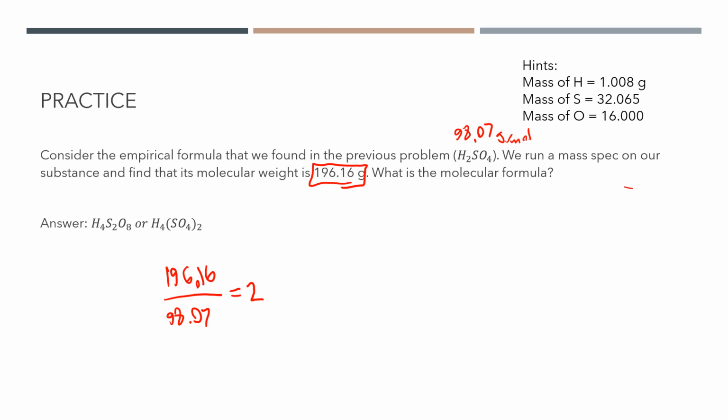So now we know that it would have to double, because if we have 2 of 98.07, that kind of sounds like a radio station. But if we have 2 of that, it's going to get us the molecular mass that we need. So let's multiply H2SO4 by 2. That's going to be H4S2O8. So that would be our molecular formula.